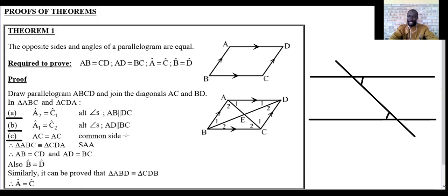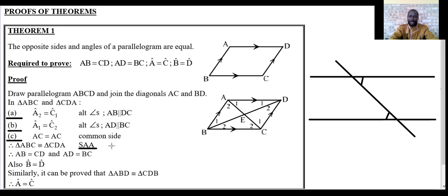Now, with all that said and put down, we can move on to one more step. That is, when we look at this triangle ABC and ADC, we can confidently say the two triangles are congruent based on another property which we call SAA. SAA represents side, angle, and angle.